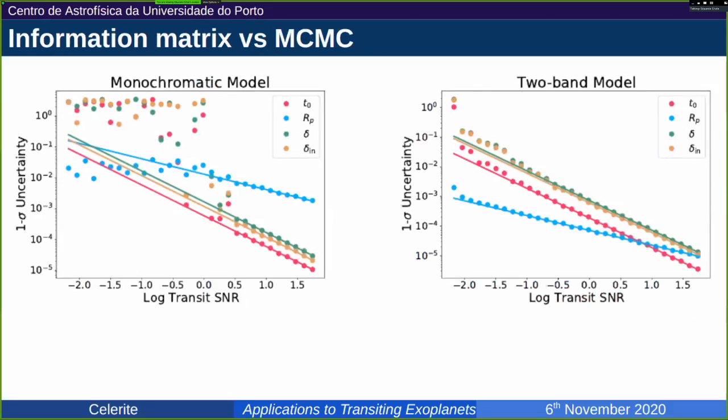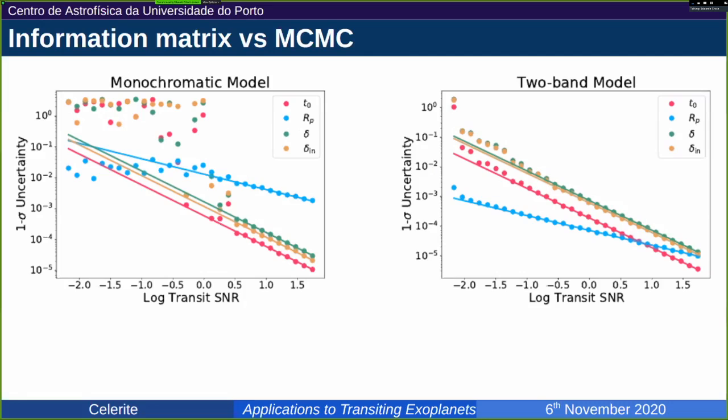When comparing the Monte Carlo Markov chain uncertainties, represented by dots here, and the information matrix uncertainties, represented by lines, there are clear differences. For these simulations, the correlated noise is 155 and 50 times larger than the uncorrelated noise.